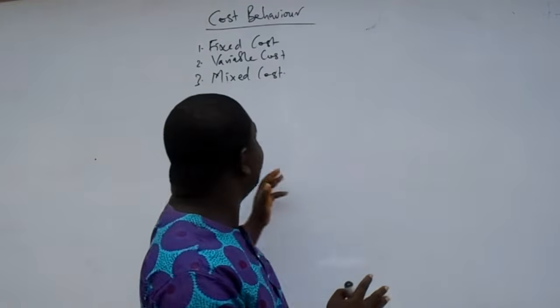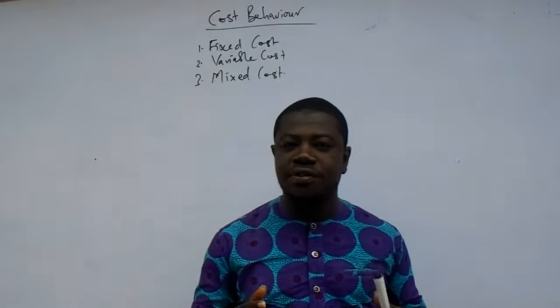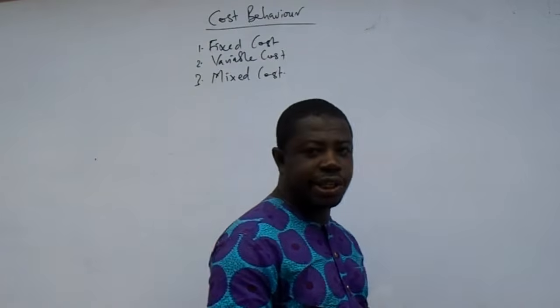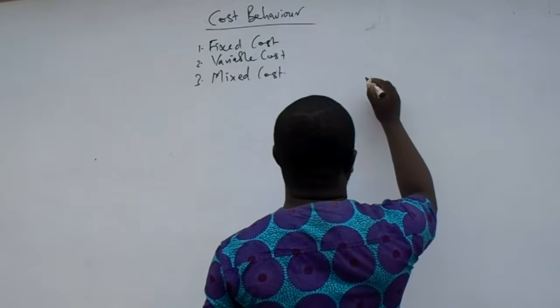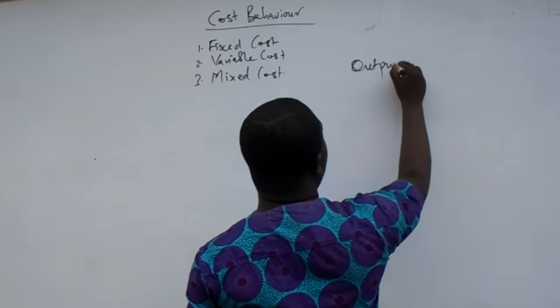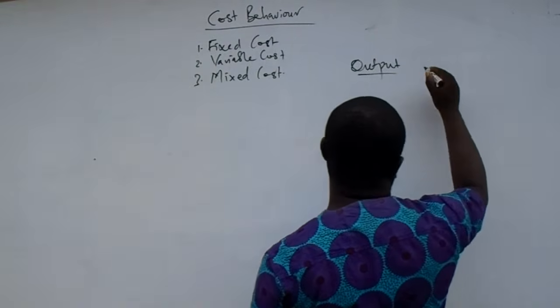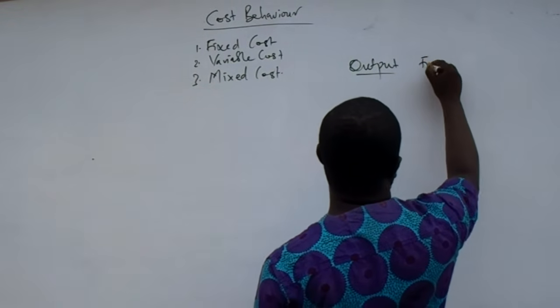Now, let me take my time and let you understand these things very well with an illustration. And so let us assume that we have these simple figures for analysis. So this is fixed cost.